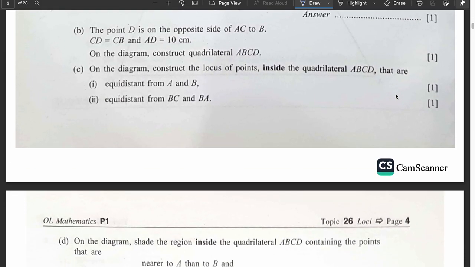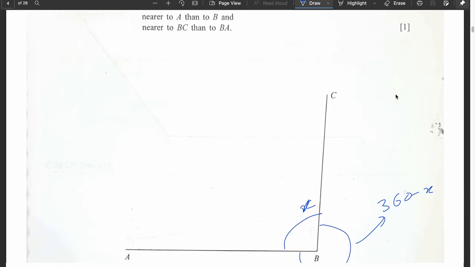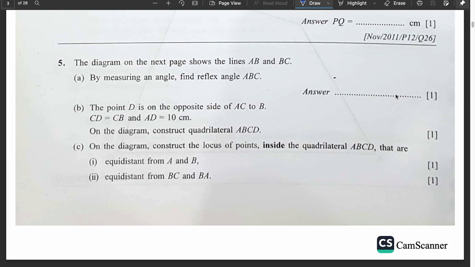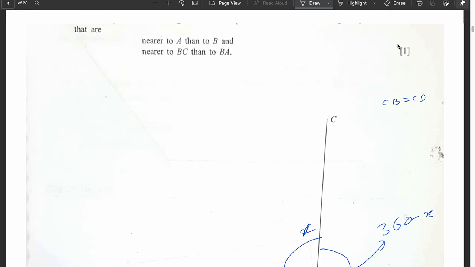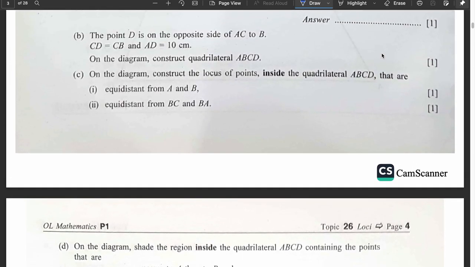B part says the point D is on the opposite side of AC to B. CD is equal to CB and AD is 10. First data is CB is equal to CD, and second data is AD is 10.